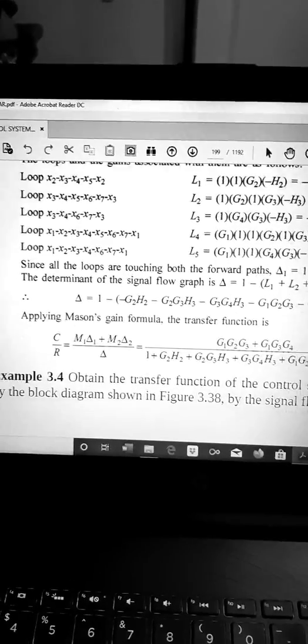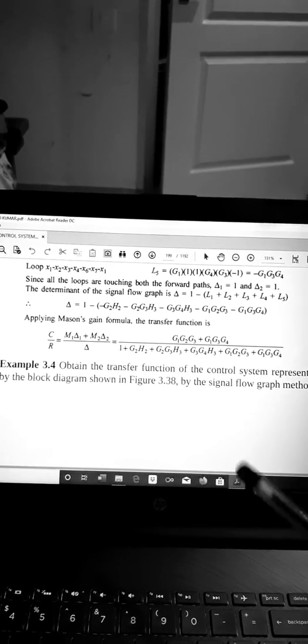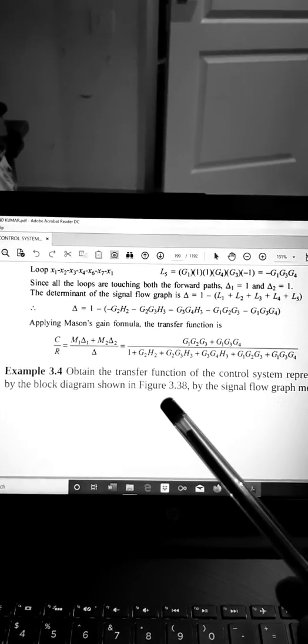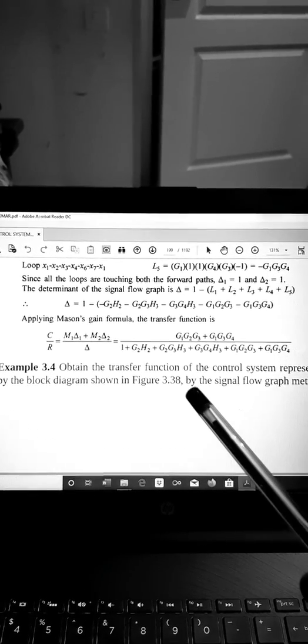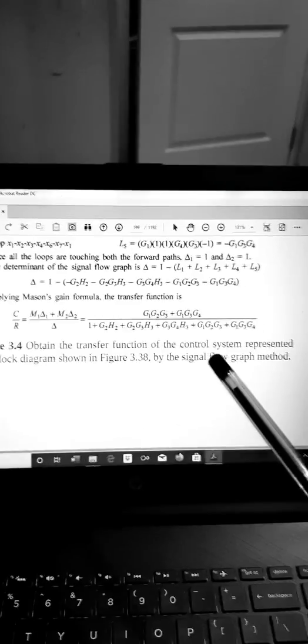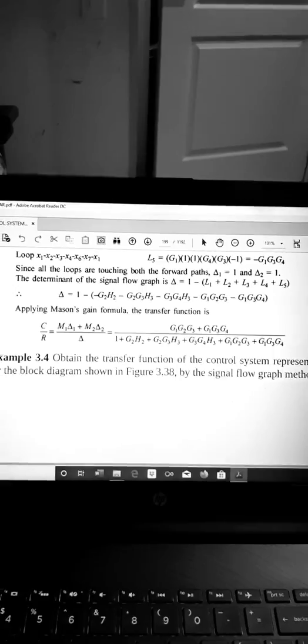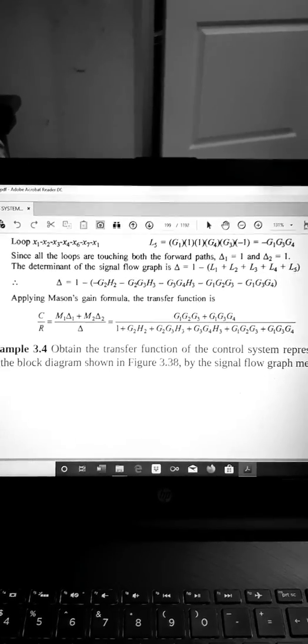Now we will do the next problem. Here obtain the transfer function of the control system represented by the block diagram shown in figure 3.5 by the signal flow graph method. So here only signal flow graph method.